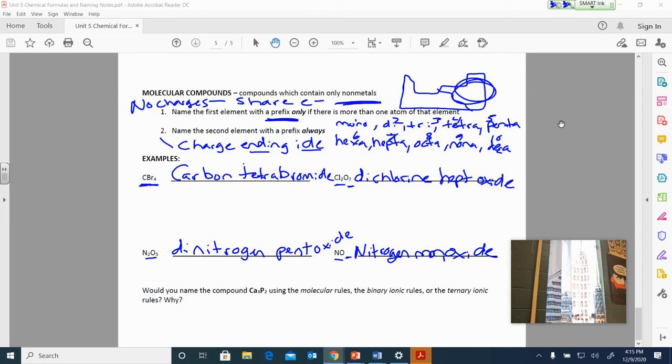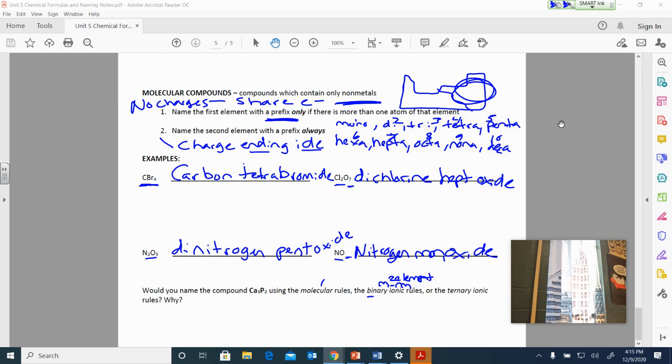Okay, let's answer this last question. We're done. Would you name the compound Ca3P2 using the molecular rules, the binary ionic rules, or the ternary rules? Binary means a metal with a non-metal, just 2 elements. That's the notes they were on. It was just when they had 2 elements only, 1 metal, 1 non-metal.